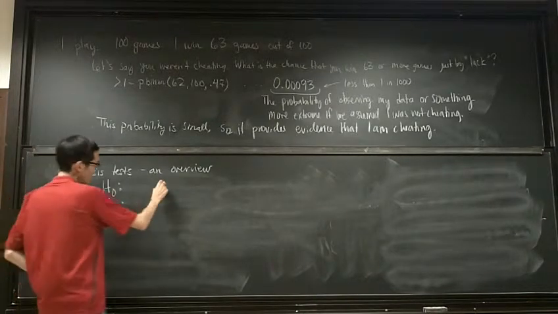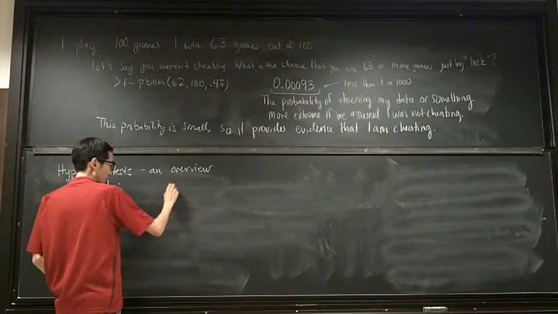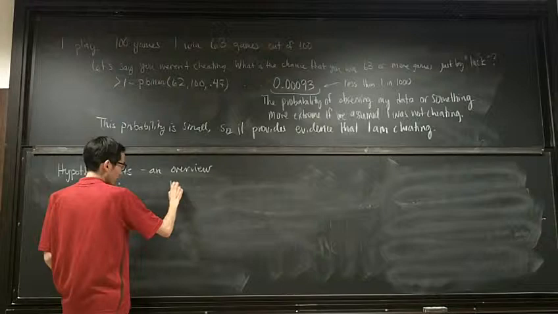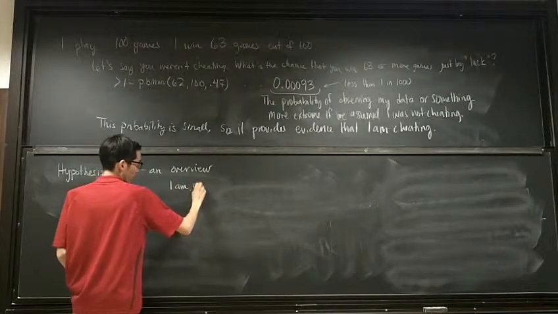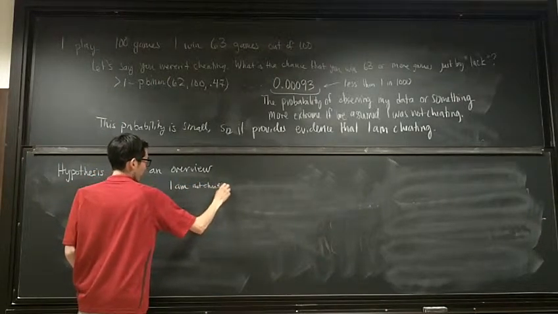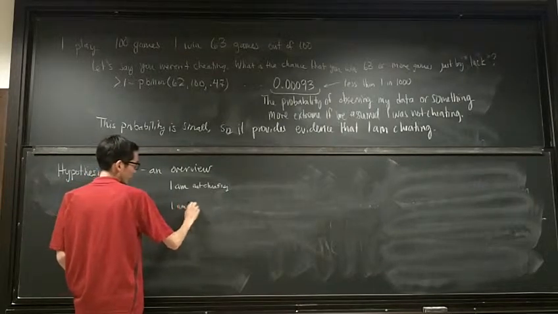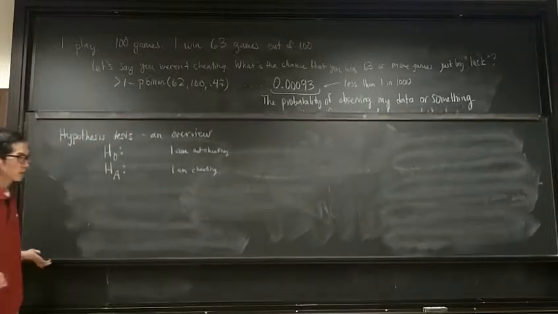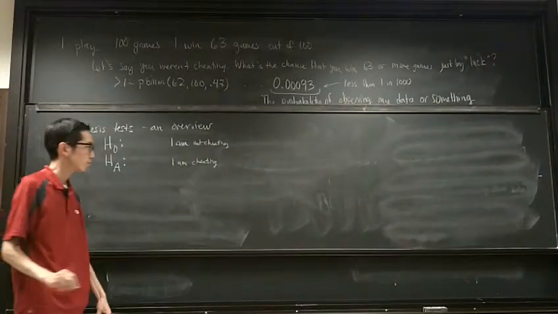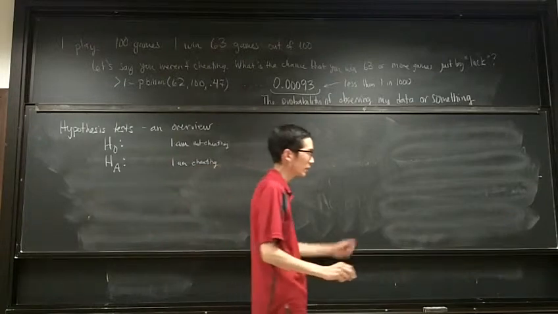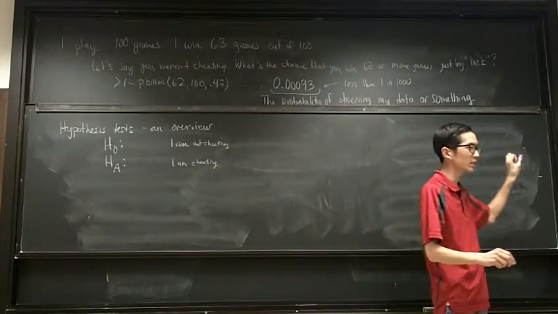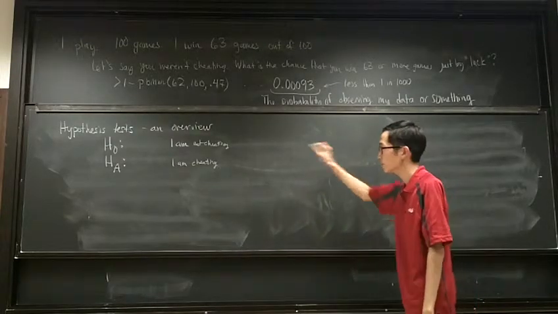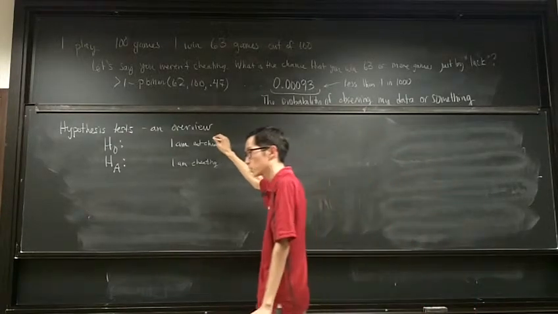In English it might be, no, I'm not cheating, and then the other is I am cheating. And then we take our data and we calculate the probability of observing our data or something more extreme if we assumed this null hypothesis were true.